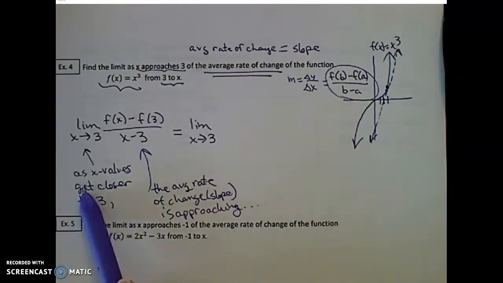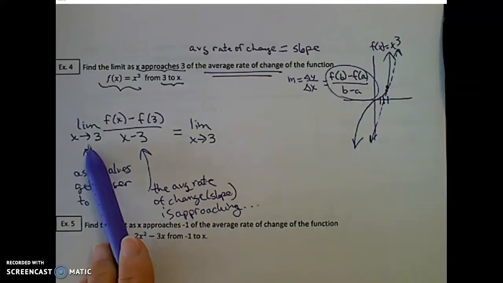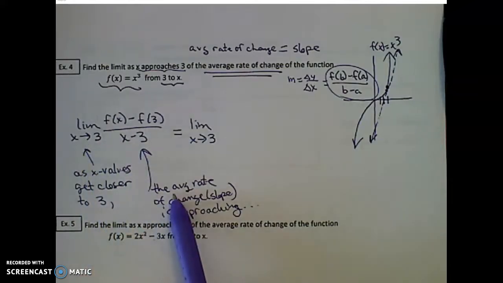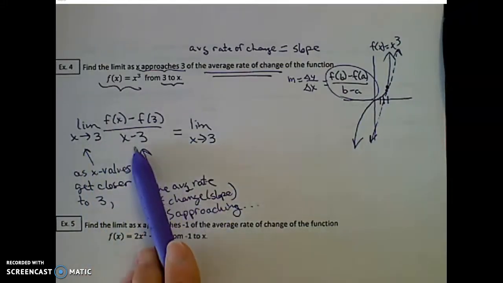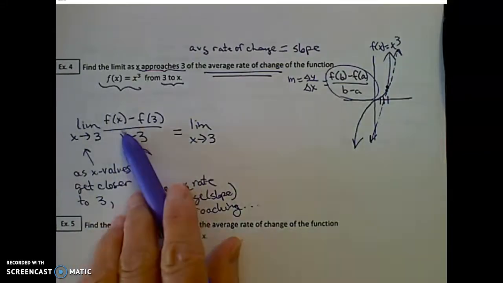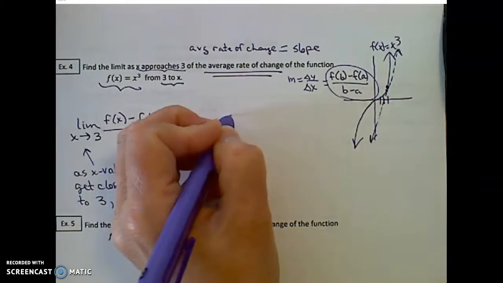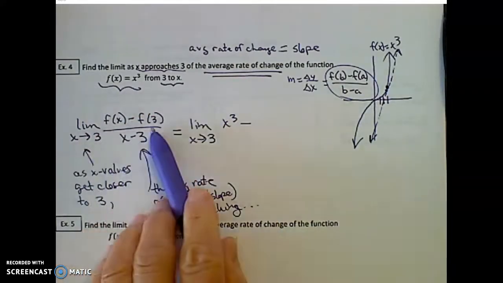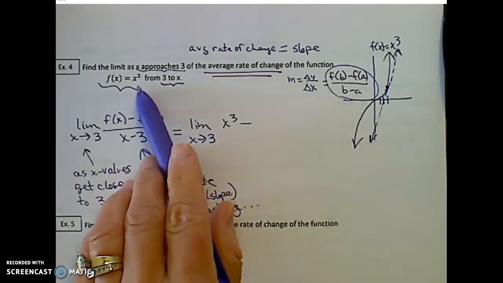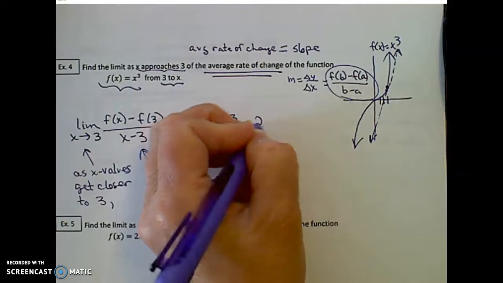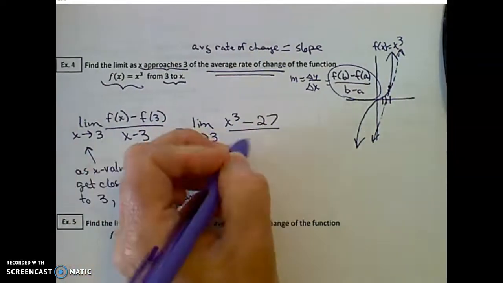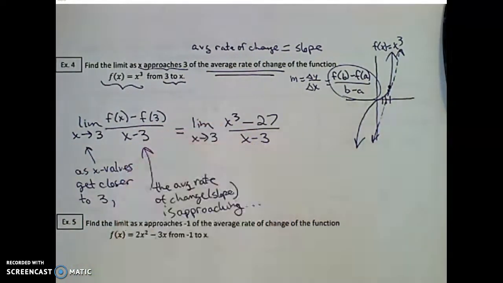As x values get closer to 3, the average rate of change, or the slope, is approaching what as my x values get closer and closer? What is f of x? F of x is x cubed minus, change in y up here, f of 3. f of 3 is 3 to the third, which is 27, all over my x values approaching 3.